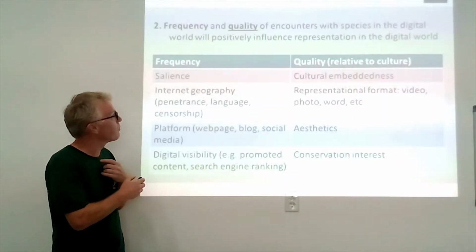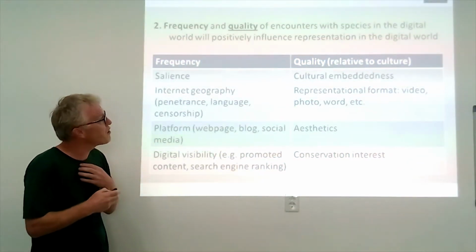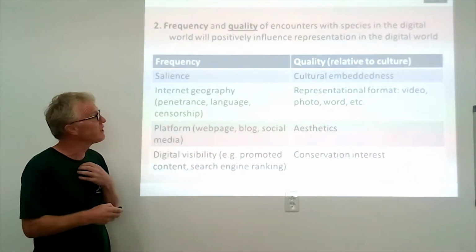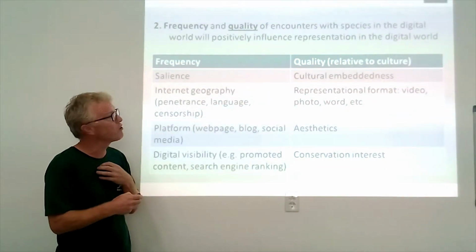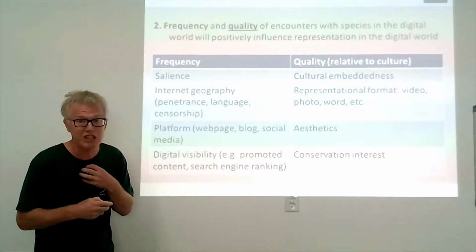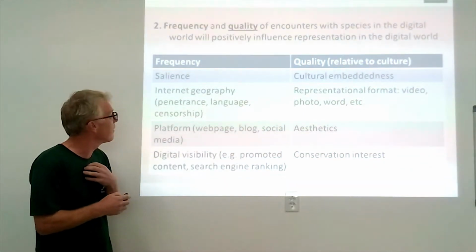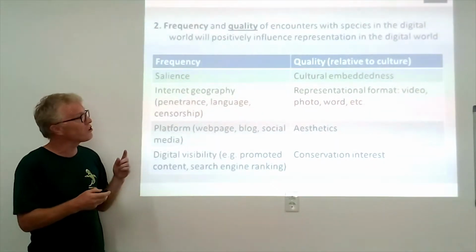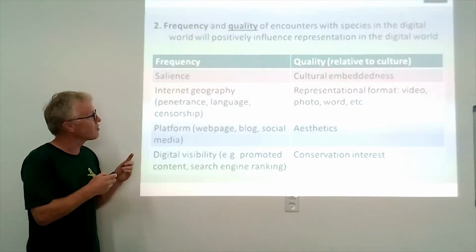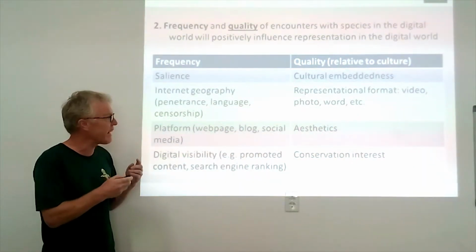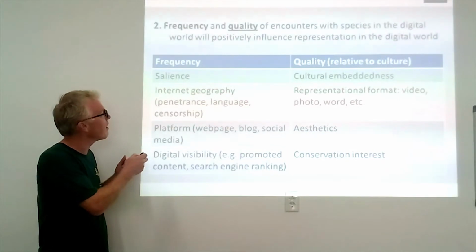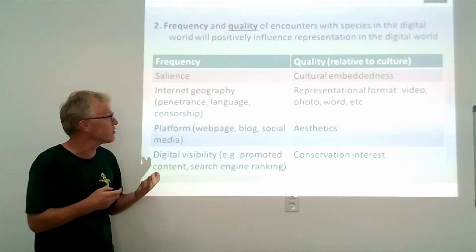The second principle of biogeography is that the frequency and quality of encounters with species in the digital world, the representational realm, will positively influence representation in the same realm. So, what influences salience? What influences the frequency of encounters in the digital realm? Well, part of it is how frequent they are in the digital realm.